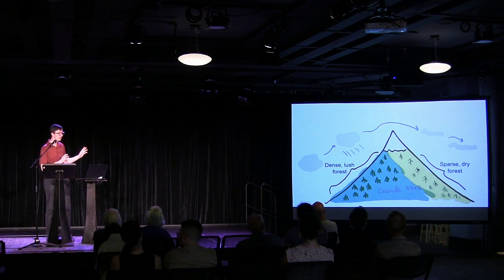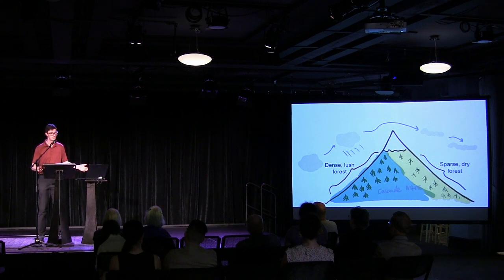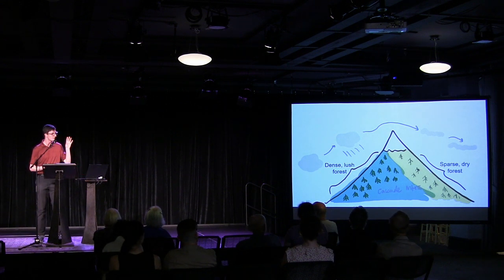And as those clouds rise, they can't hold on to water quite as well. So it all comes out as the rain that we all know and love, and it creates incredibly dense, lush, beautiful forests that give us the name, the Emerald City. But by the time we get to the eastern side of the state, those clouds have pretty much lost all their water. And so the forest that forms out there is very sparse. There's not as many trees, and it's very, very dry.